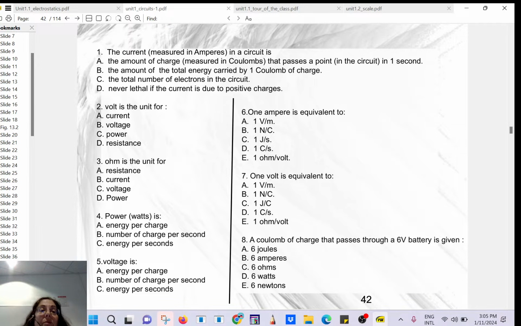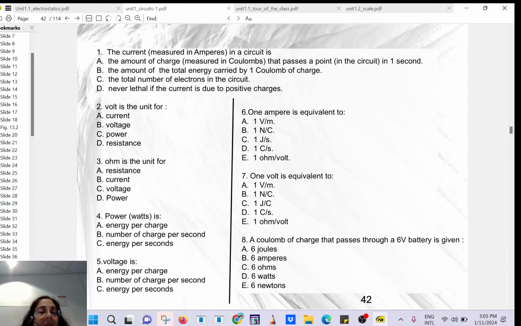So let's try to measure the first one. The current is A, very good. Volt is the unit for voltage, that's easy. Ohm, resistance, yes.